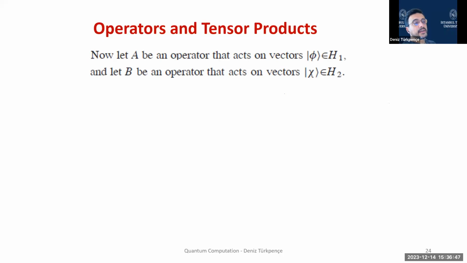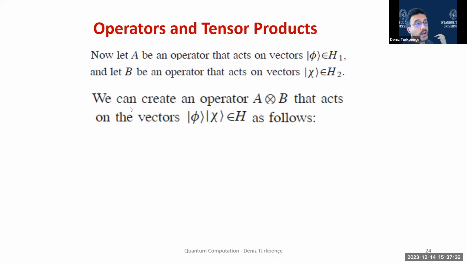Okay, next, the effects of the operators on these multi-qubit states. Now let operator A be an operator that acts on vectors phi, belonging to the first system, defined by the first Hilbert space, and let B be an operator that acts on vectors psi, belonging to the second Hilbert space, or the second system.